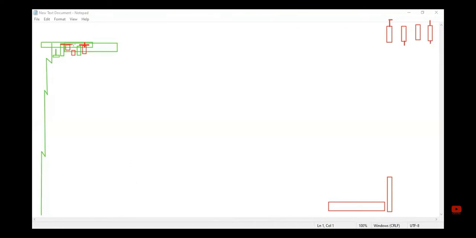Sometimes we see the market in a sideways situation, and the market may create this type of candlestick. Suppose this candle's volume is high. If this candle's volume is higher than all previous candles' volume, then it's a climax candle, and the market has not changed its direction till now.